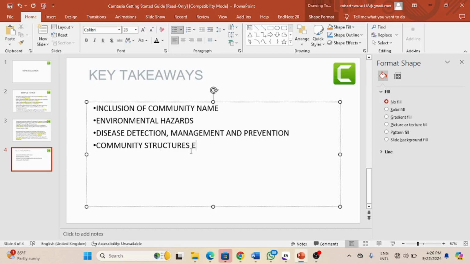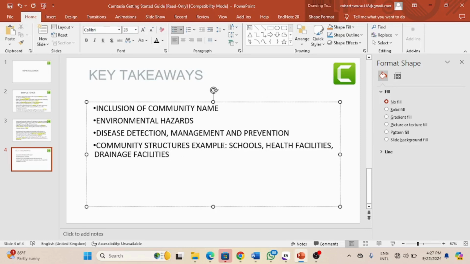So for example, you can have something like schools, health facilities, drainage facilities, and any other.